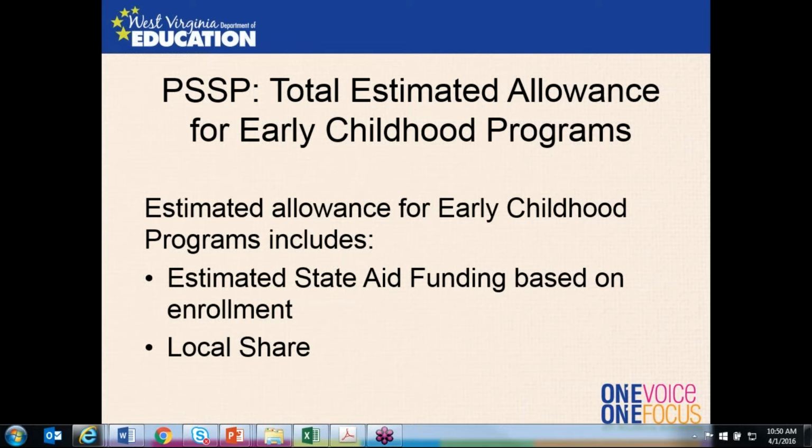And then it's also broken down into a per pupil amount. So basically you take the total amount of money you receive based on enrollment and divide it by the number of enrolled, and that's how they get the per child, the per pupil amount.